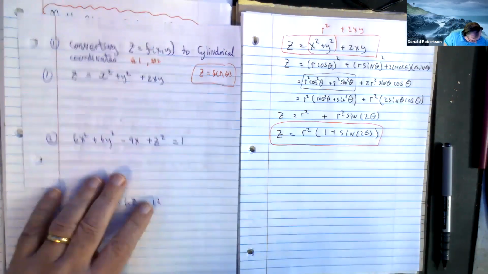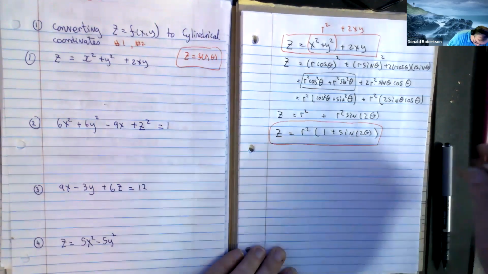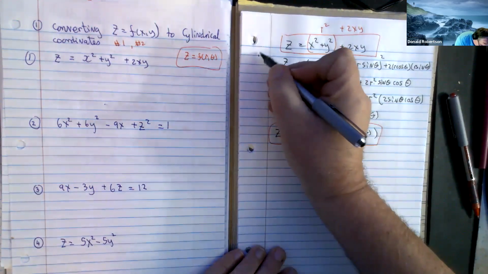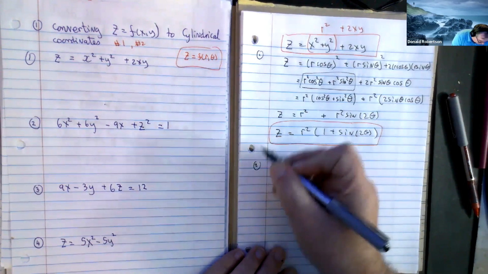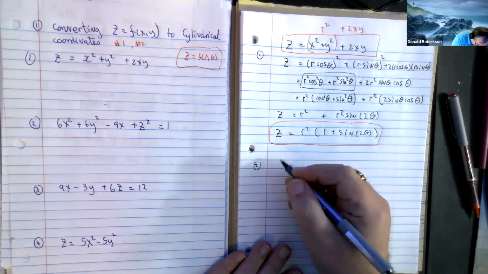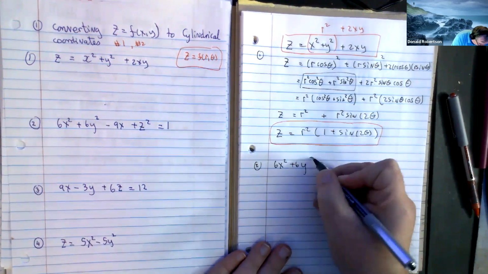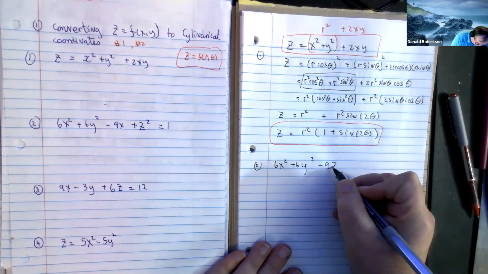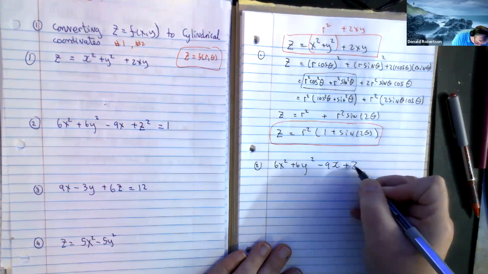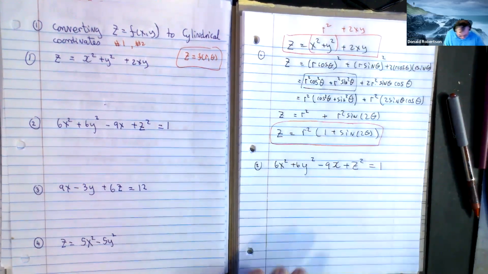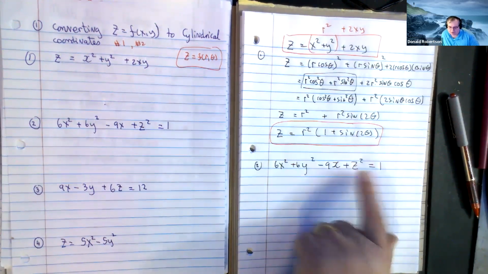Okay, let's look at this second one. Some of these are like homework questions, others are ones I've just made up. So we've got this guy, we've got that guy, we've got a z squared, and we get equal to a 1. I'm not going to worry about that z squared right now.